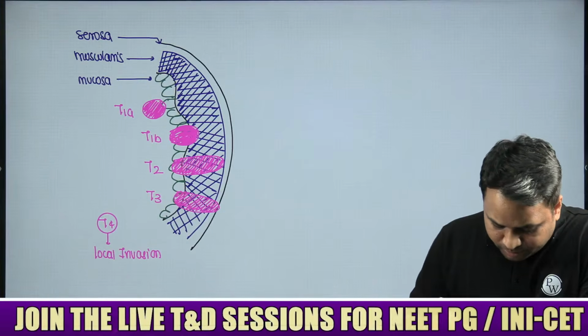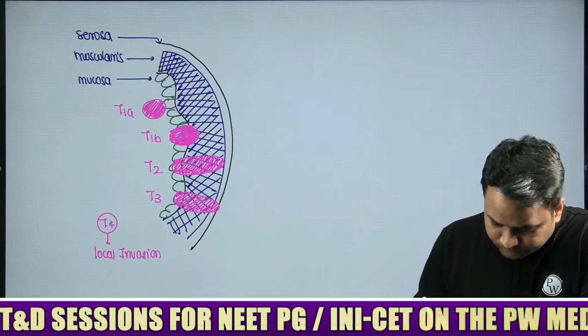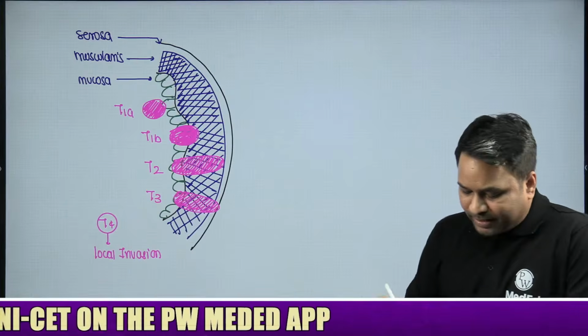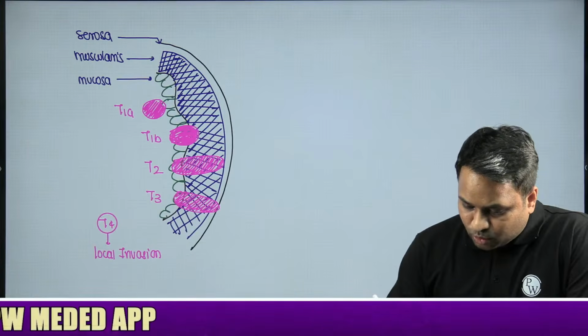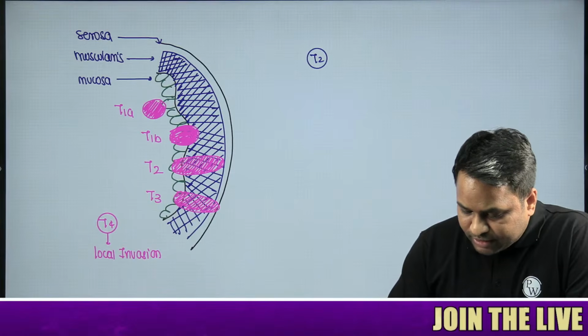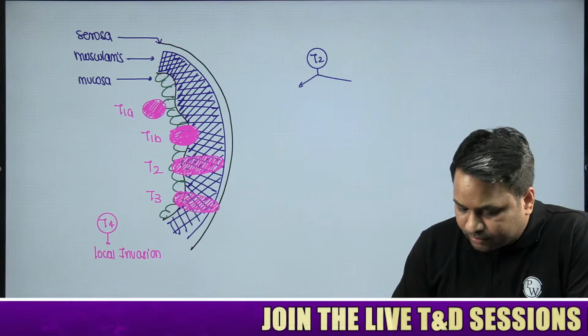So T3 is going to breach and go beyond the serosa. This T2 is very important because it is going to be in the subserosal space. So this T2 has two differentiations, that is T2A and T2B.